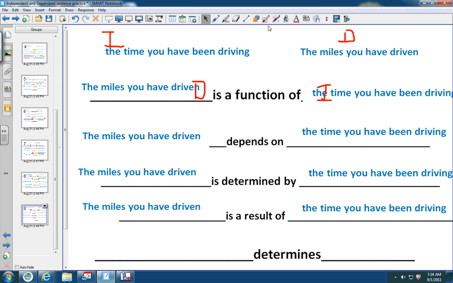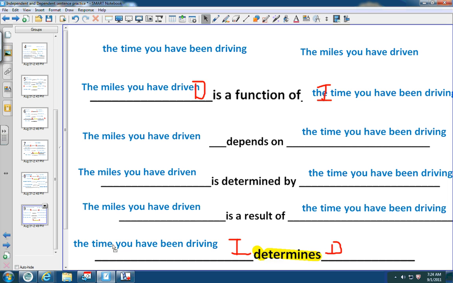Now remember, this next one, determines. That's the one that's opposite right here. So we've got independent determines the dependent. Oh, my highlighter went off here. So now here I've got the time I've been driving determines the miles I have driven.